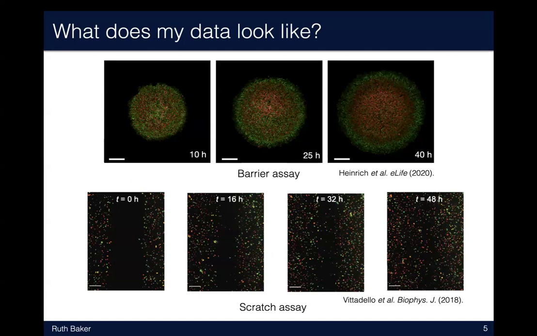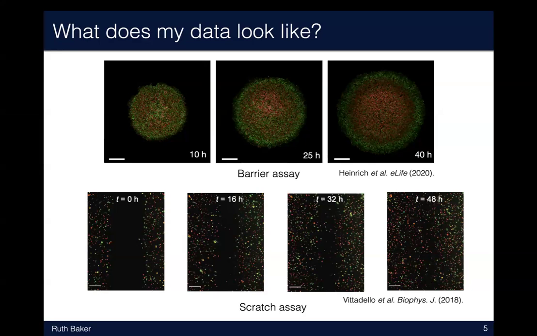Okay, I've basically got data from 2 assays that I hope you can see. They're different cells. On the top one, I've got what's called a barrier assay, where you seed cells inside a barrier, like a cookie cutter, and then at time 0, you remove that barrier and you look at the cells as they proliferate and migrate outwards.